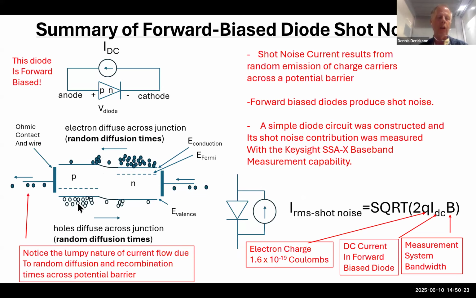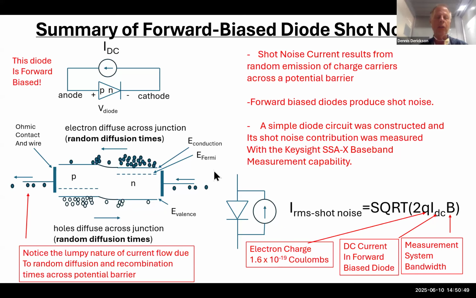Similarly, the holes will diffuse across the junction. When they get to the N-type material, they'll recombine, and it takes time. That's random emission, and we get this lumpy noise right here. And so it's not a regular emission of electrons to the external circuit. It's irregular, it's lumpy, and that's the source of shot noise.